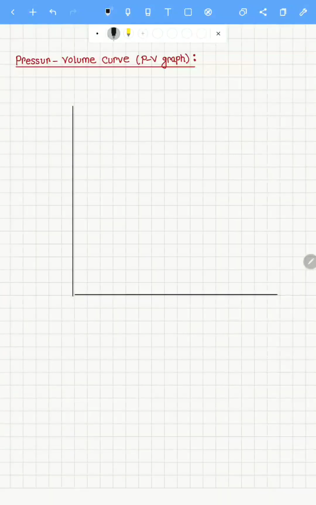Let's know what these two axes denote. Along the x-axis, we will put volume of what? Volume of not atria, volume of ventricle. And along the y-axis, we will put pressure of the ventricle, not the atria. Remember this thing. Pressure of the ventricle.